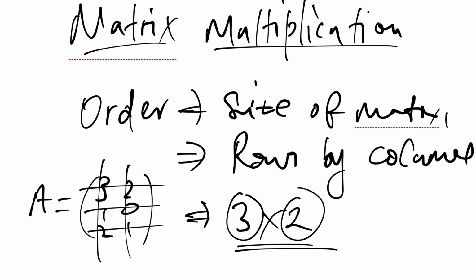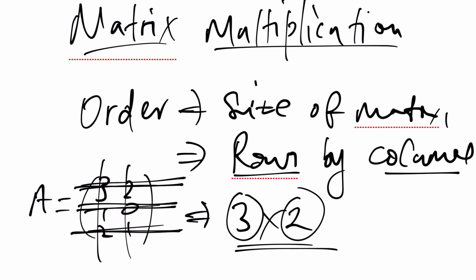Again, we first count the number of rows, then we count the number of columns. We start with the rows, then the columns. The rows are the horizontal elements, then the columns are the vertical elements.